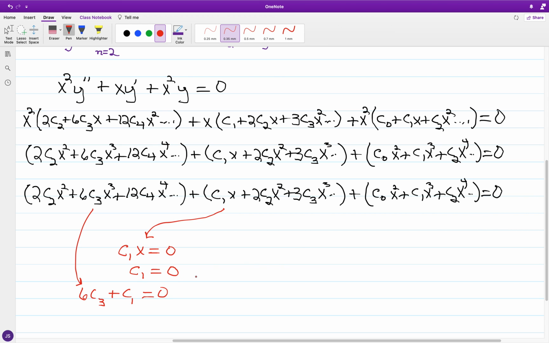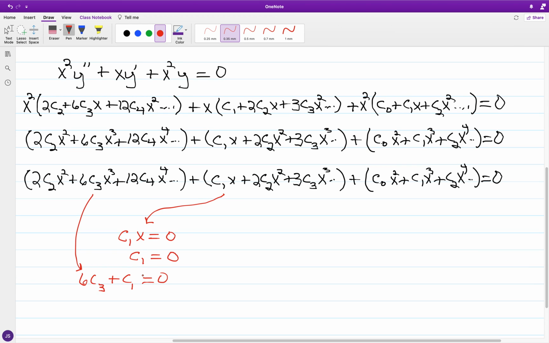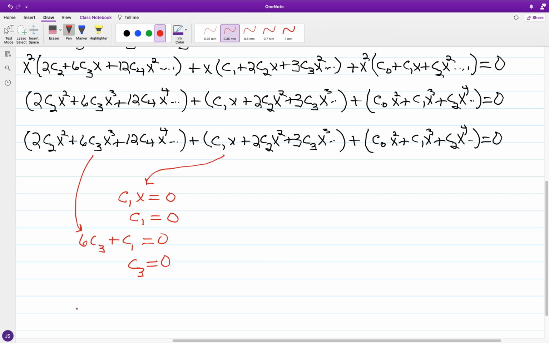Since c of 1 is equal to 0, c of 3 is also 0. Anything that has an odd subscript is going to lead to negligible constants: c1, c3, c5, c7, and so forth. Those are going to go out.